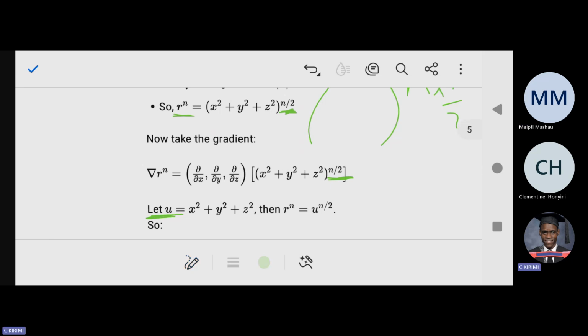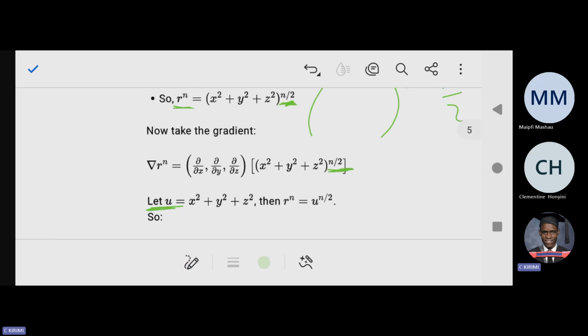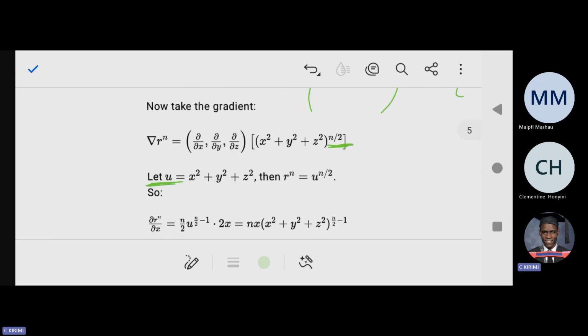Yes, because the variables are now many. We have introduced n. If there was no n, we would just treat it the same way we were doing straight away. But whenever we introduce that n, we need to let u. But after you are done, at the end, where there is u, you put back the expression for u. That's what we are going to do.